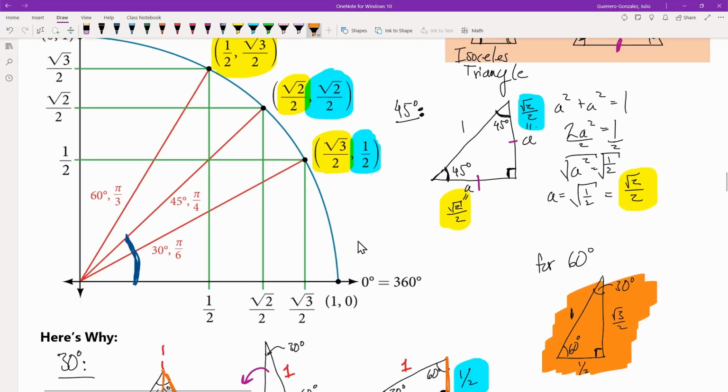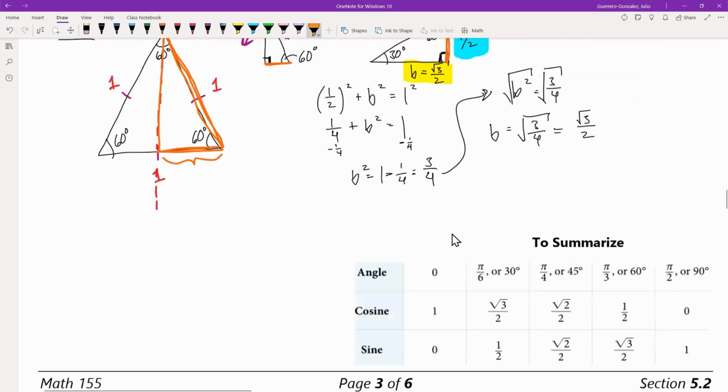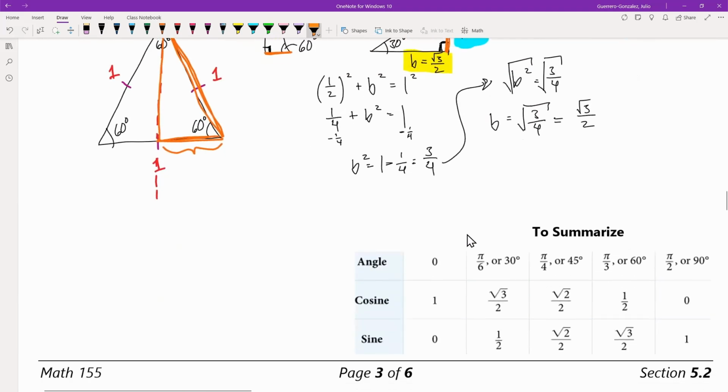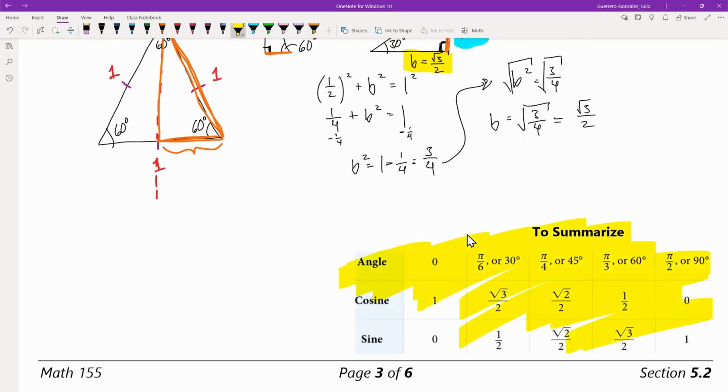Okay, to summarize, here's a quick table, right? Not entirely there, but we're getting there, right? I gave you at least the very top portion, the measurements for the first quadrant of our unit circle. I'm going to make you guys construct the rest as part of your lecture questions. Got it?